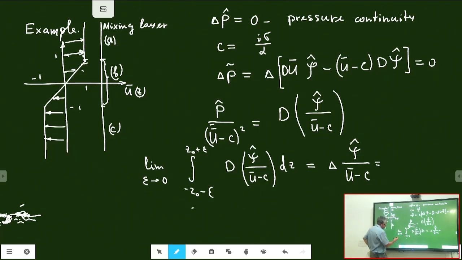It is z0 minus epsilon, slightly below z0, to slightly above. And if you integrate that, your derivative will be dropped and you will get upper value minus lower value. That's what will happen. All right.